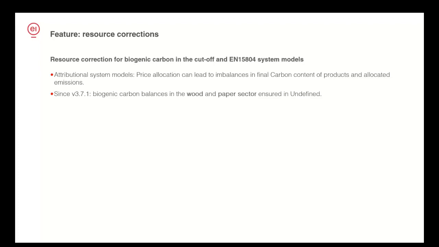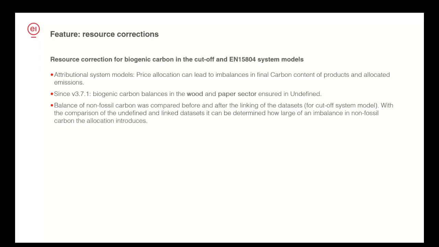As you know, in the undefined database, we have all the inventories as multi-output and unallocated data. There we reviewed and fixed all the biogenic carbon balances, adjusting properties, adjusting flows, and adjusting the balances. This is now the basis to allow any kind of resource correction for biogenic carbon.